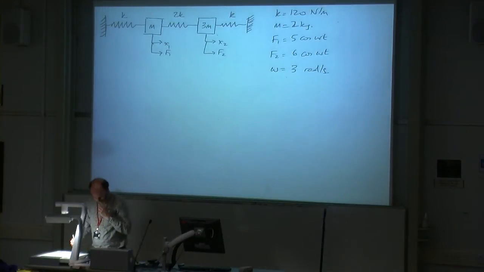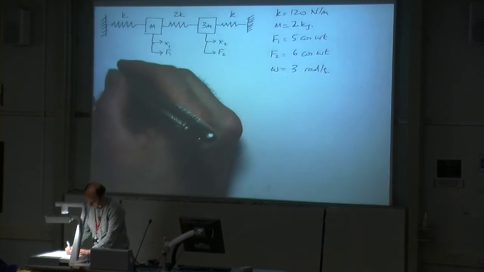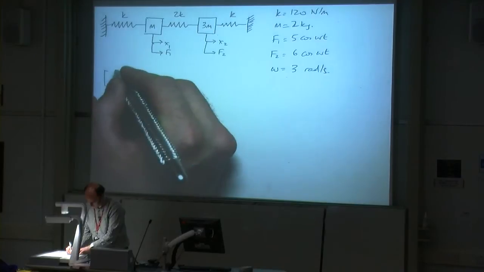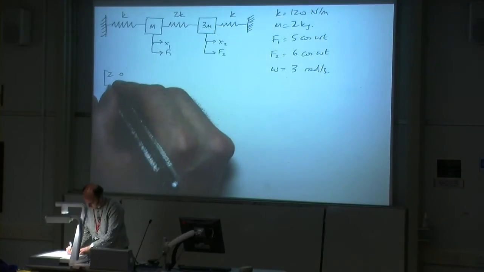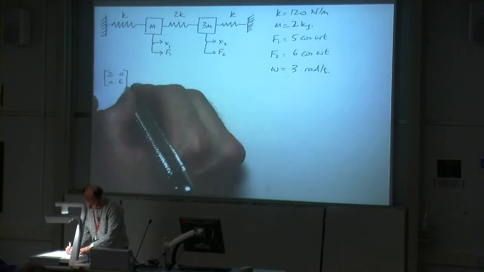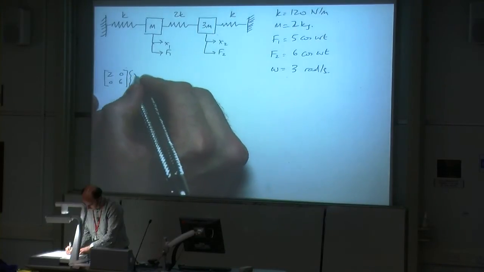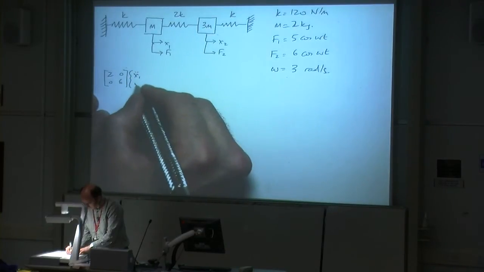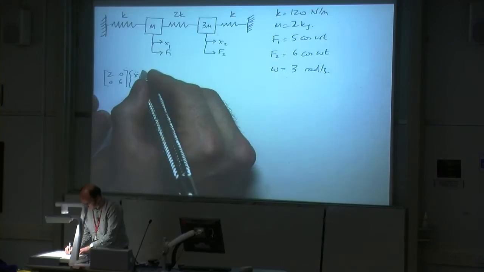Now, like I said, I've given you the equation of motion. Okay, so we don't need to work that out, but you can do if you want to. So we've got 2, 0, 0, 6, times x1 double dot, x2 double dot.